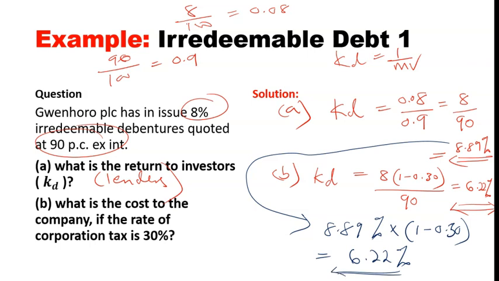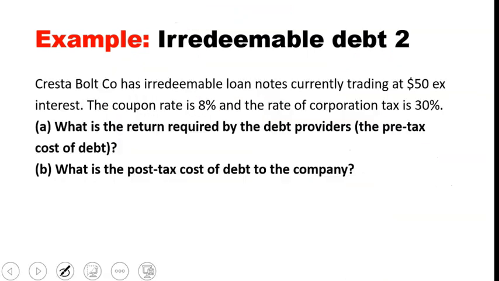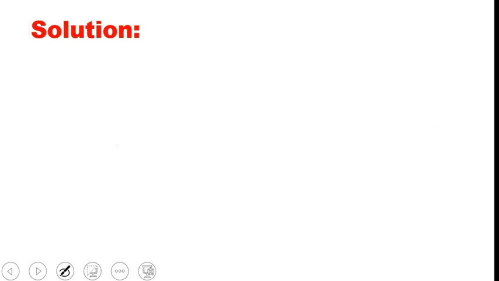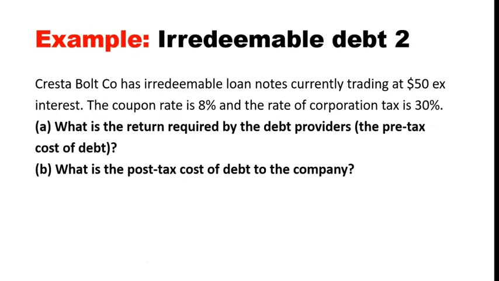So that's the same trick that is employed. Now let us look at this particular example and see as well if we can make sense out of everything. Cresta Baltico has irredeemable loan notes currently trading at $50 ex interest. The coupon rate is 8% and the rate of corporation tax is 30%.